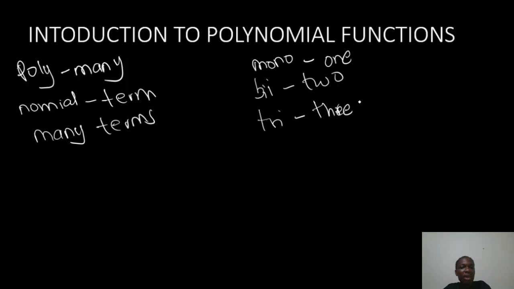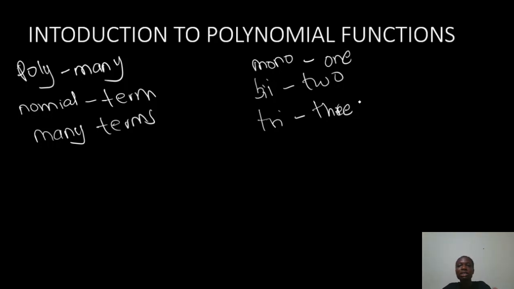But a polynomial function is a function that has more than one term. So this means that a binomial function is a polynomial function, and a trinomial function is a polynomial function.